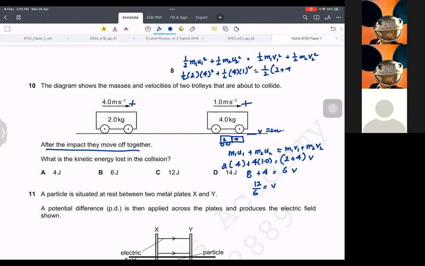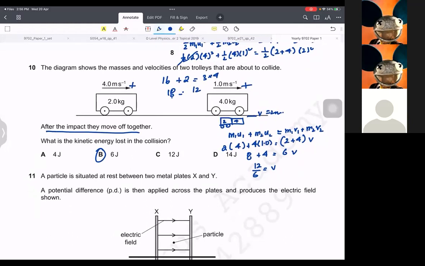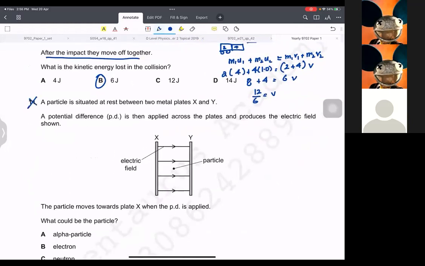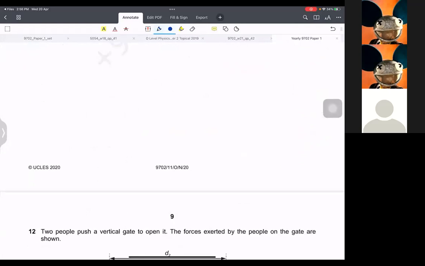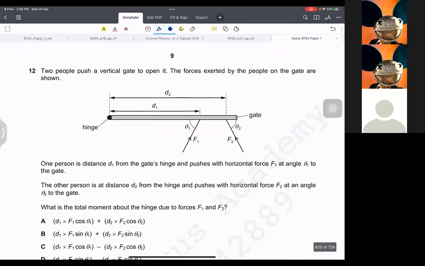So 2 plus 4 and v square. V is 2 by the way. So on this side, 2 and 2 cancel. 16 plus 2 equals 3 times 4. This is 18, this is 12. The difference of 18 and 12 is 6 joules. So the answer is 6. Now, this is not there anymore. Skip it.